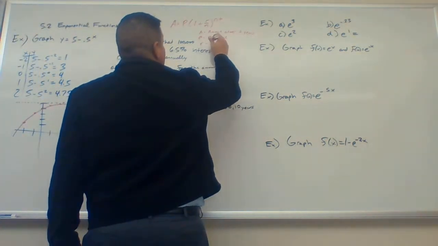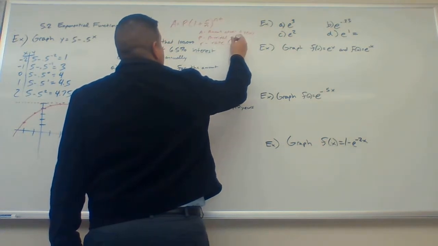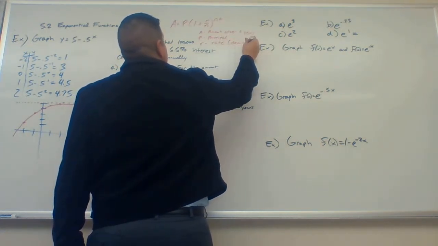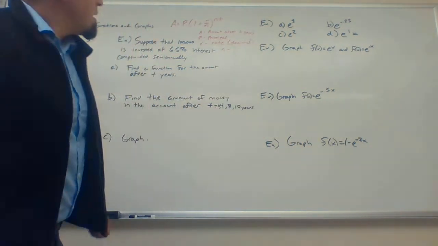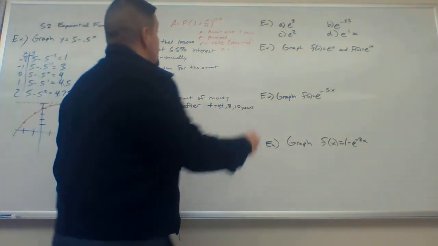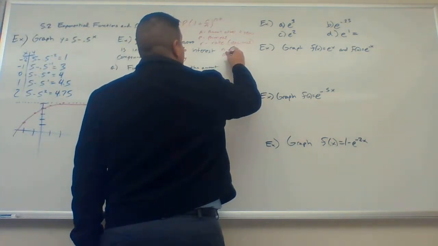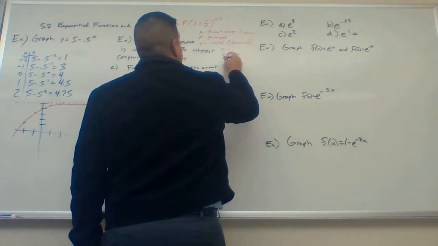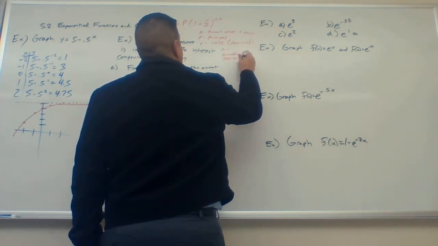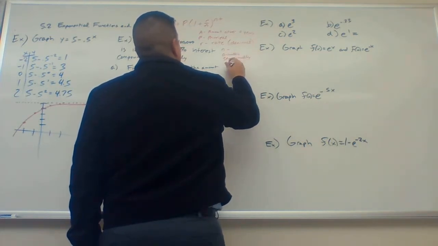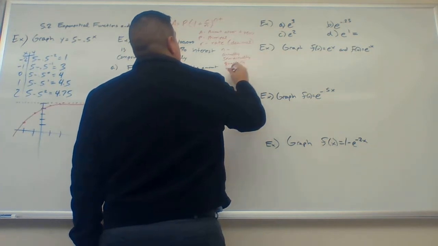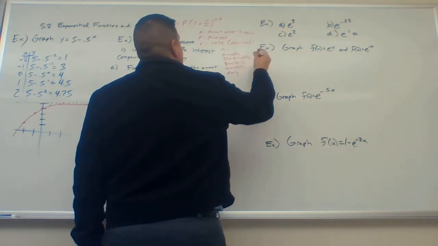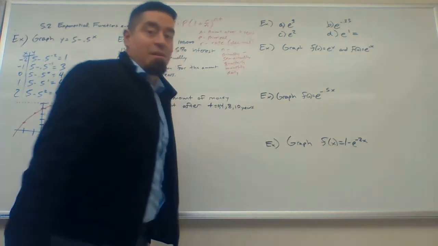R is your rate, and then I always like to make sure it has a decimal. N is the number of times compounding, and I like to give these notes. So you could have annually, semi-annually, quarterly, monthly, and daily. Okay, so annually is how many times per year?